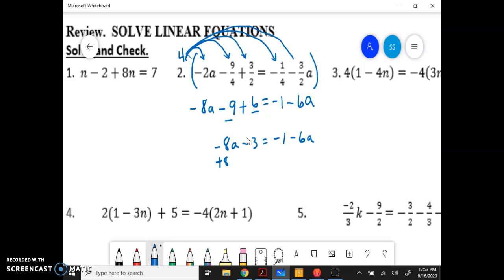If I have -8a and I decide to add 8a, the reason I do that is once I get over here, -6a plus 8a, we get positive 2a. And so every time you get rid of the smaller of the two coefficients, right, -8 is smaller than -6, you're going to be left with a positive coefficient, right? And so that just might save you the mistake later of dividing by a negative to solve, okay? You don't have to, but it just might help.